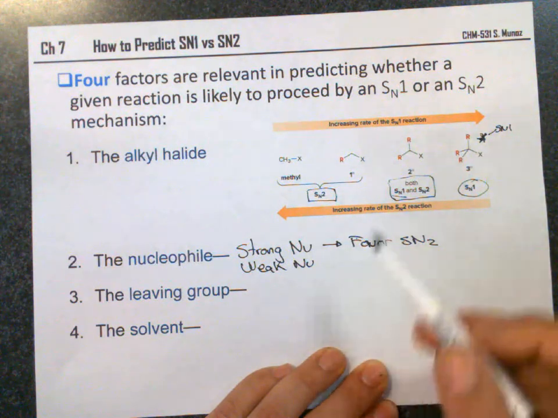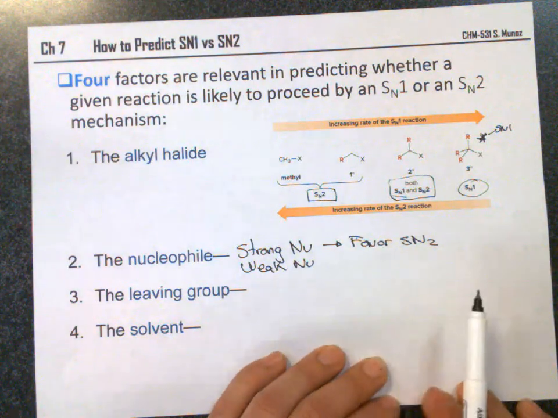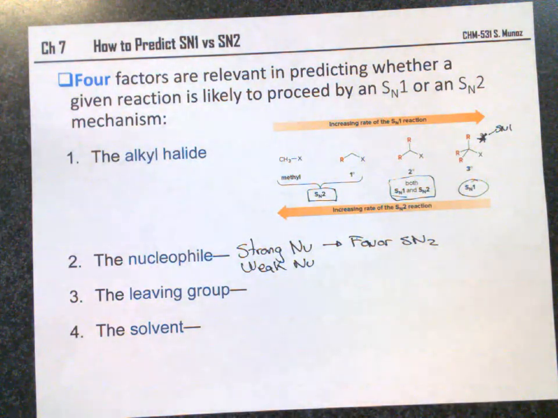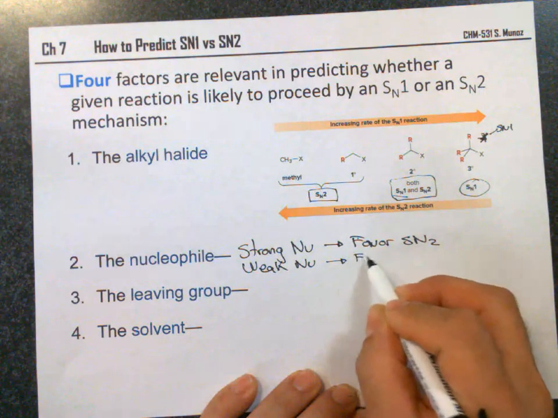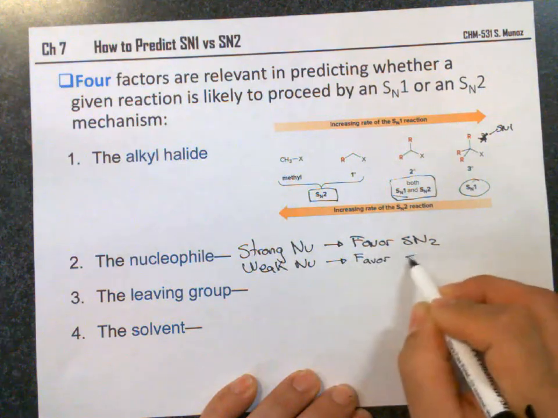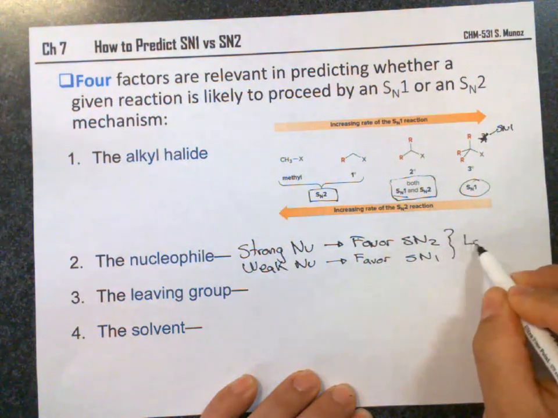There's an interplay between all of them. So do not just assume, oh, we have a strong nucleophile, ethoxide, it's going to be an SN2 immediately. No. Hold your horses. Wait, there's more to it than that. It's not as simple. We have to look into all of the factors. So weak nucleophiles, they favor SN1 pathways. But you have to look at other factors too.